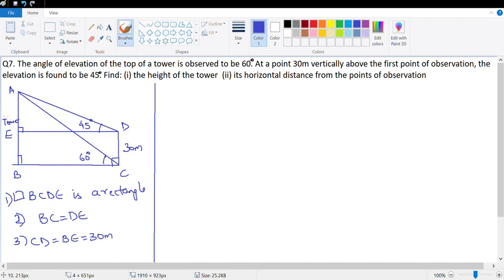Perfect. So now let the value of AE be equal to Y, because BE in any case we know is 30. Done.